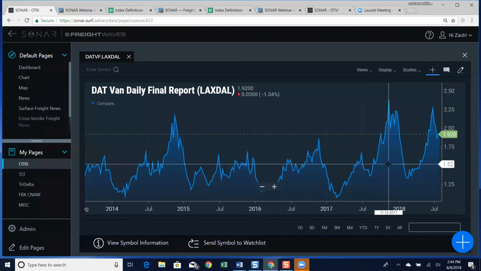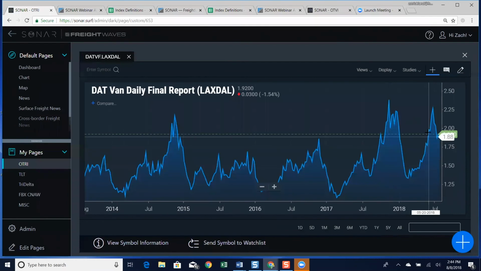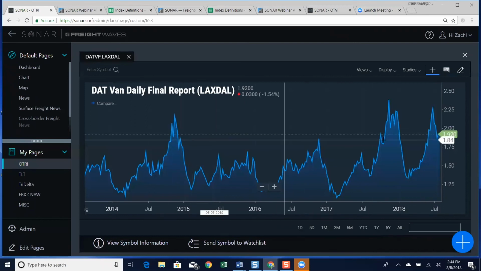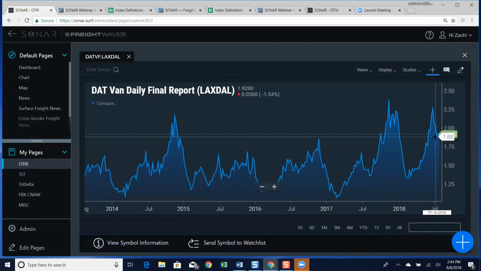So this worry over the freight market itself, kind of going back to what we saw in 2016 and 2014, there's no indication of that right now. You can see right here, these spot market values for the Los Angeles to Dallas lane are still extremely elevated and have only been this way 3 times in the last 5 years.